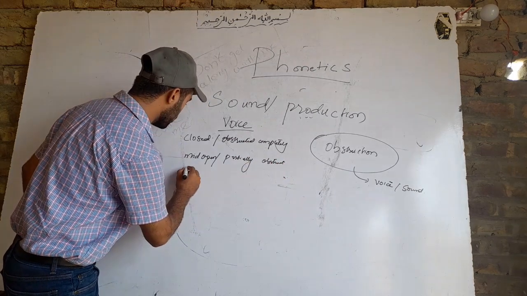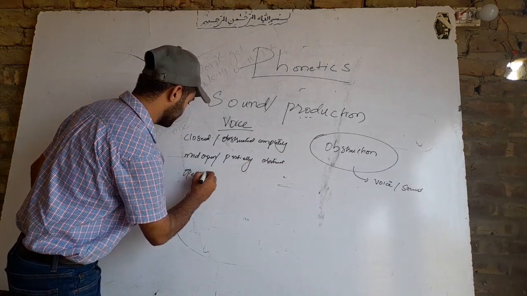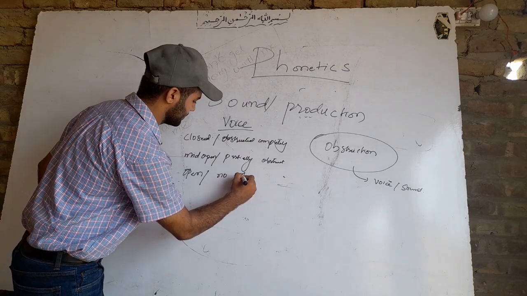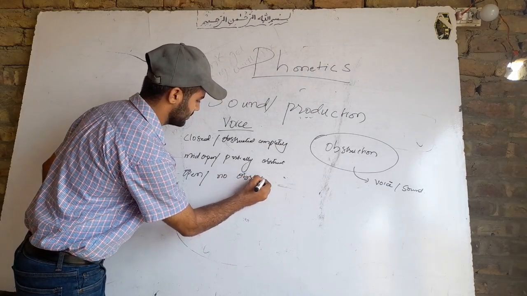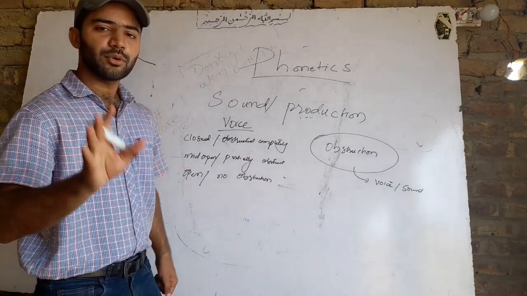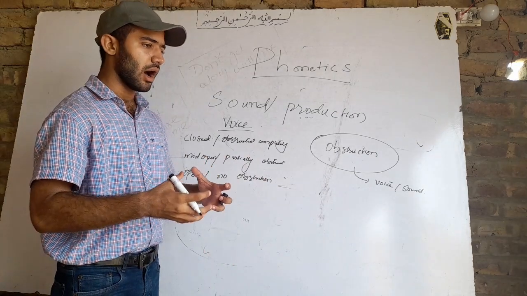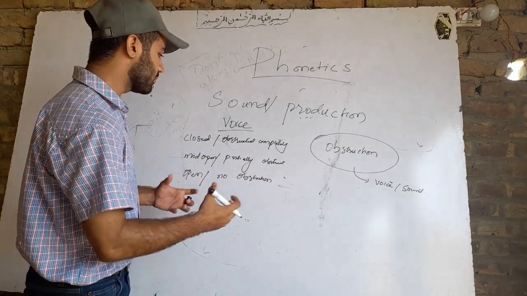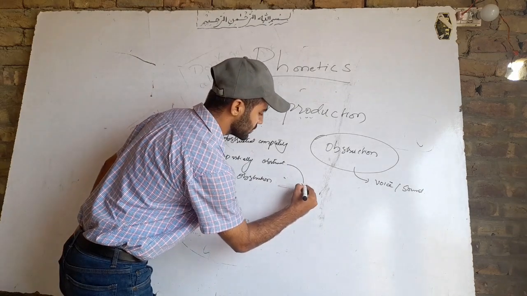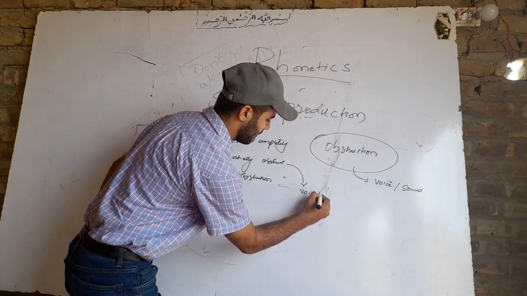And when they are totally open, then there is no obstruction. Now, when we produce the sound and the vocal folds are mid-open, or they partially obstruct the airflow, the sound which is produced would be called a voiced sound.